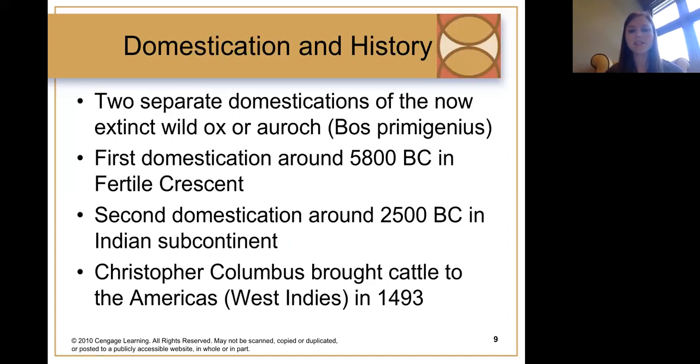And then the second happened around 2500 BC in the Indian subcontinent. So the Indian subcontinent is where the Bos indicus breeds would have come from. And then Christopher Columbus brought cattle to the Americas and the West Indies in 1493.